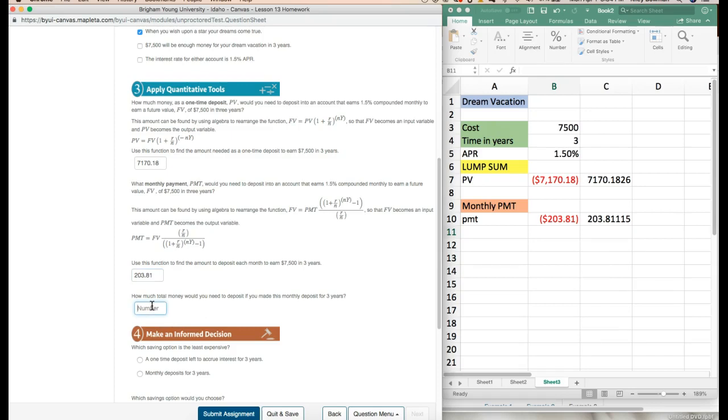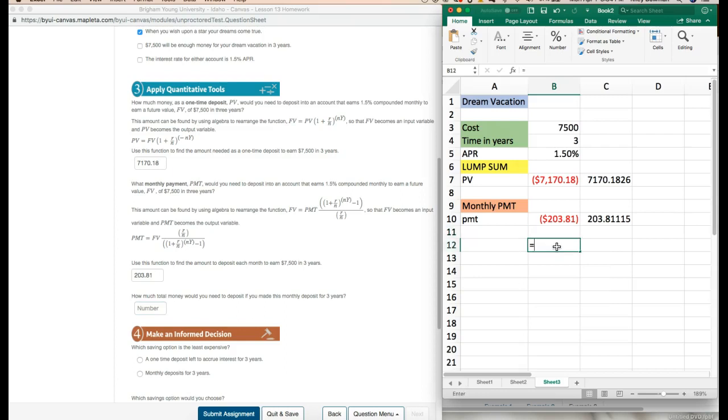The next one, how much money would you need to deposit if you made this monthly deposit for 3 years? Oh, I think this is asking how much total money after we deposit this $203. So we're going to take our 203 and multiply that by 12 months, times 3 years, and that tells me how much money I put into the account versus how much interest I ended up earning.